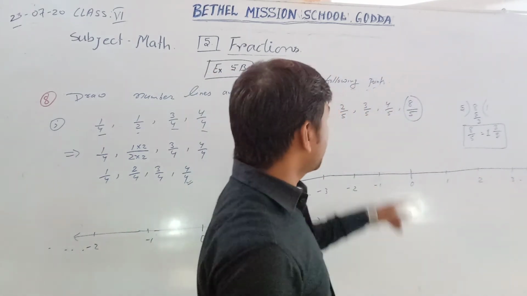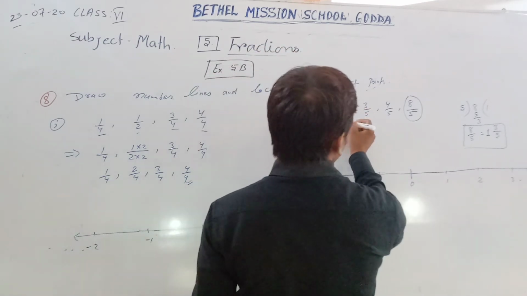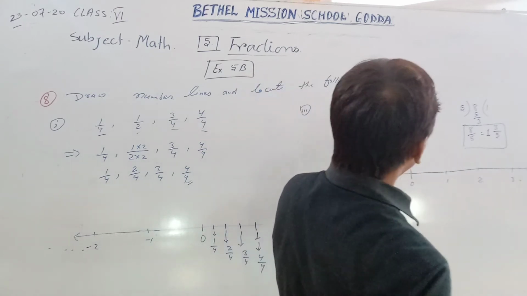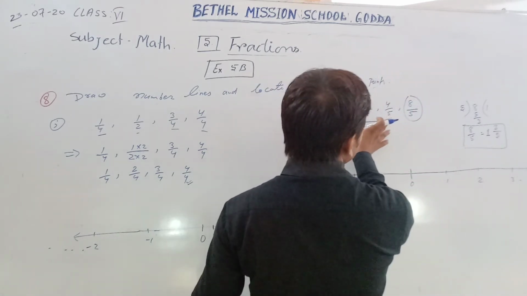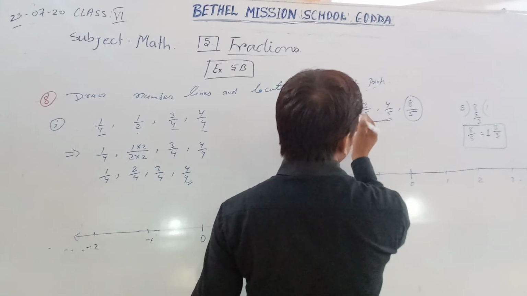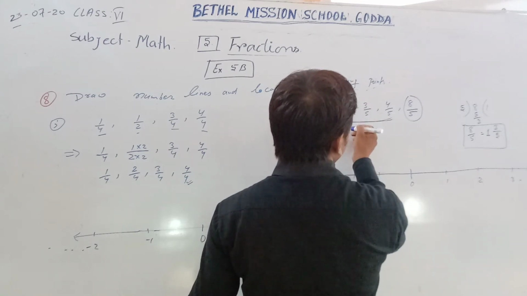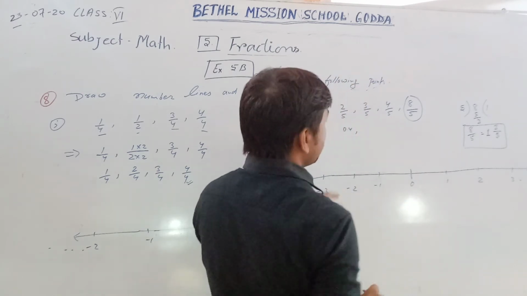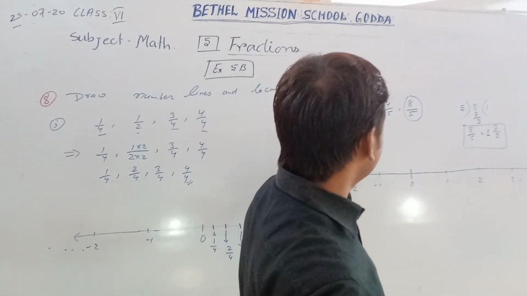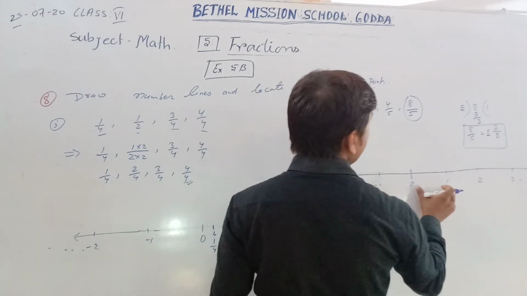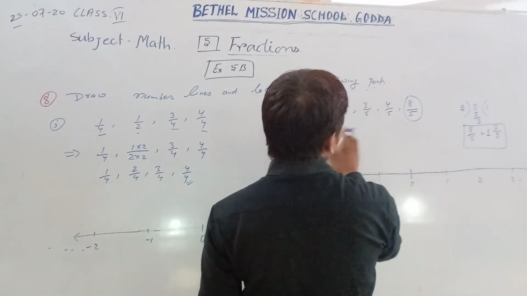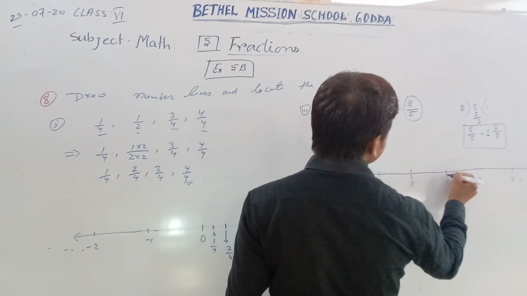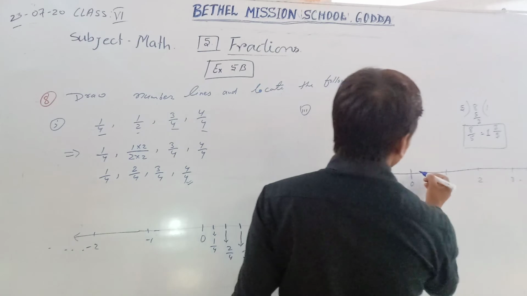So this one, 2 upon 5, up to here we will divide, because when you divide 2 by 5 you will get 0.4. It is less than 1. It means the value will lie between 0 and 1. So up to here we will divide into 5 equal parts. How many equal parts? 5 equal parts.